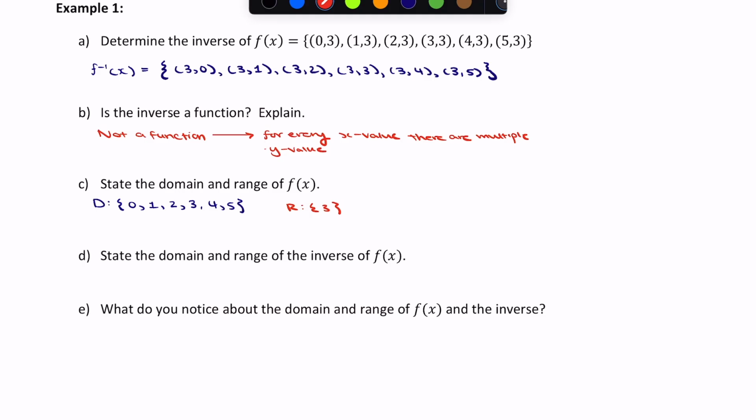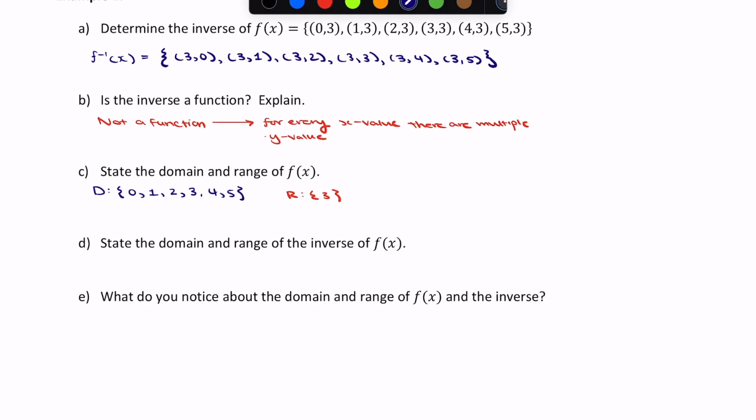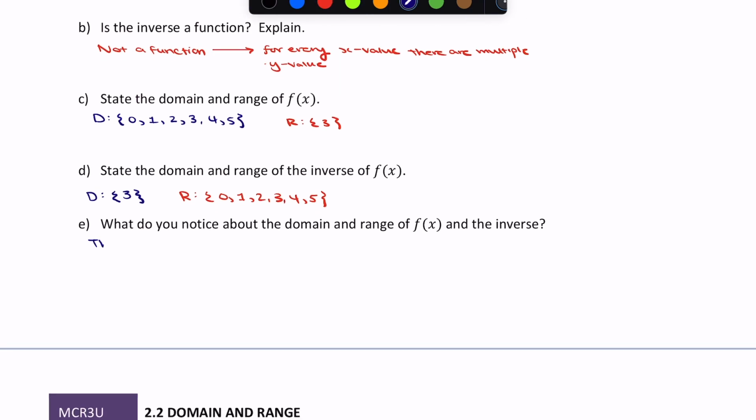The domain of the inverse, what you'll notice, is actually the opposite, or flipped. So here the domain is 3, and the range is 0, 1, 2, 3, 4, and 5. And so what we notice is that the domain and range flip.